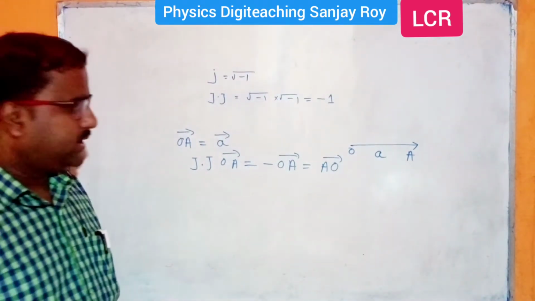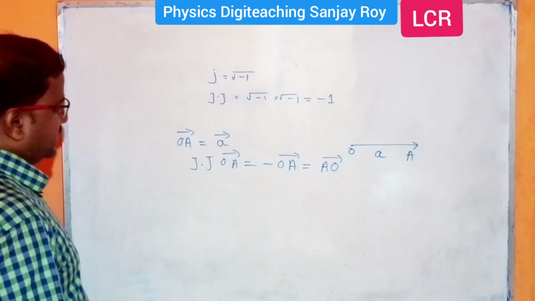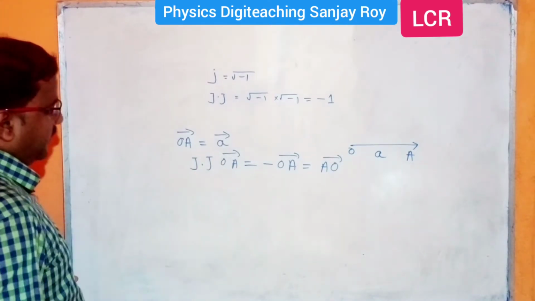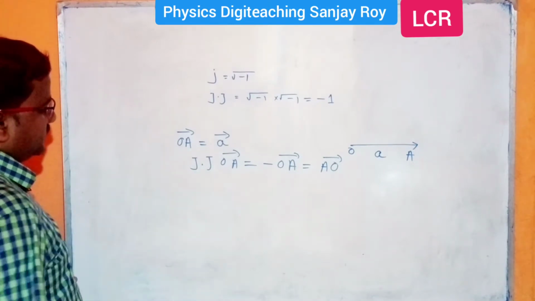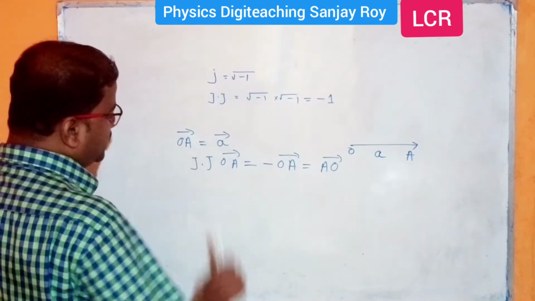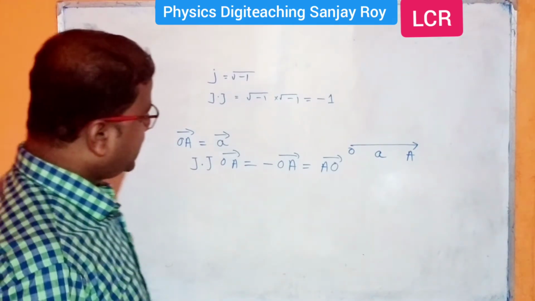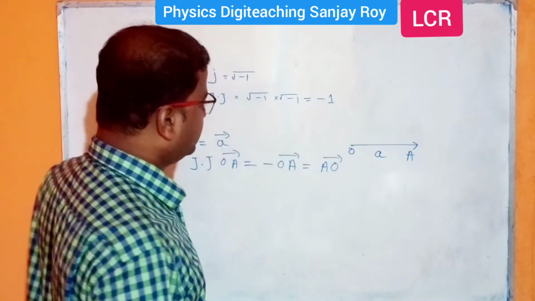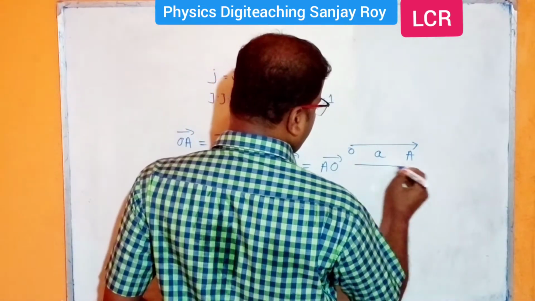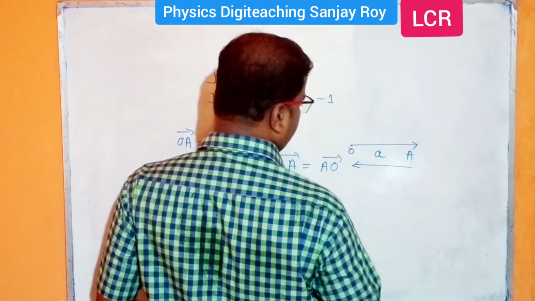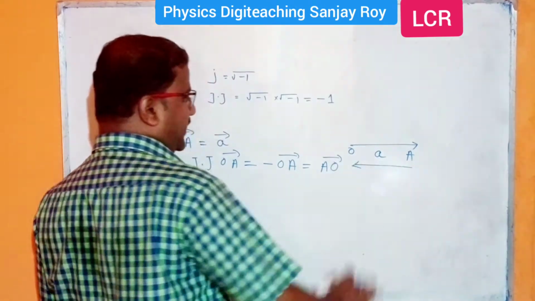What does it mean? It means that if we multiply a vector OA by j into j, then the vector is rotated 180 degree. That is, the vector is inverted.